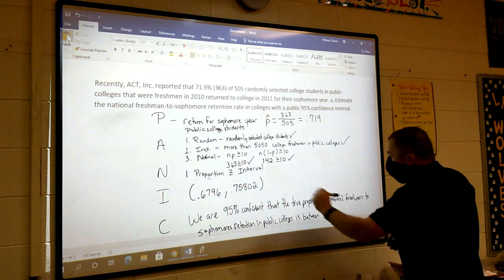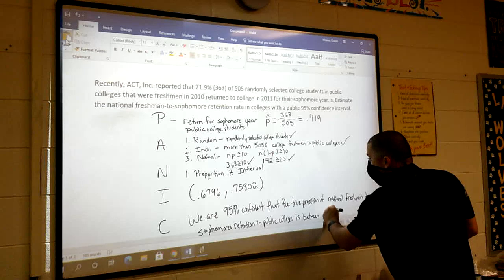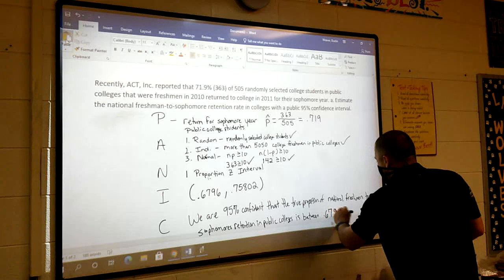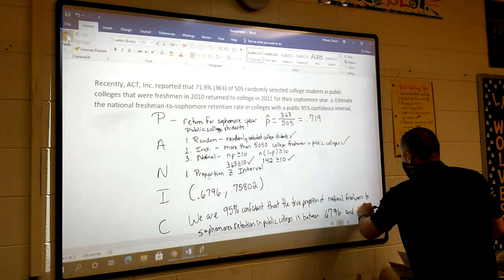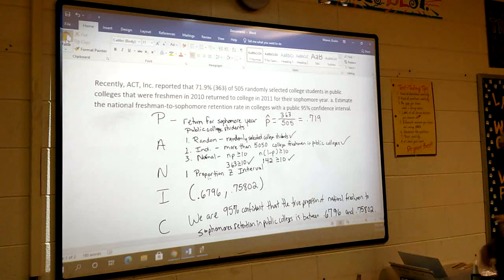is between my two numbers, 0.6796 and 0.75802. There's my conclusion. So we are 95% confident that the true proportion of national freshmen to sophomores retention in public colleges is between 0.6796 and 0.75802.